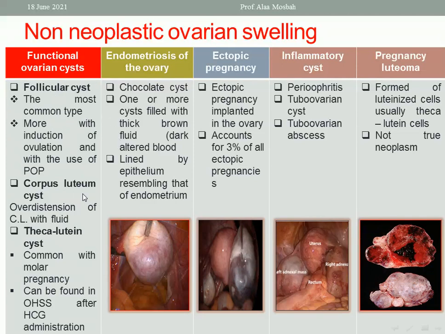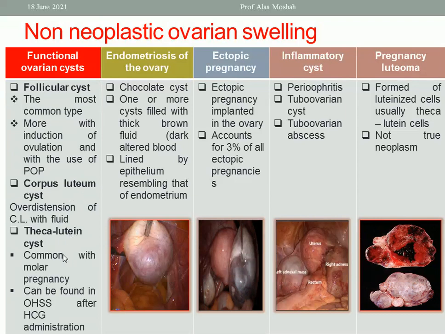Corpus luteum cyst: the corpus luteum formed after ovulation becomes over-distended with fluid, making a functional cyst, and may be complicated by hemorrhage, the so-called hemorrhagic corpus luteum.